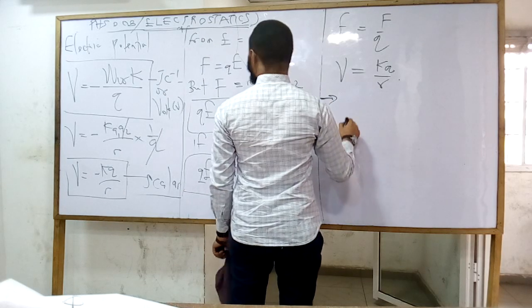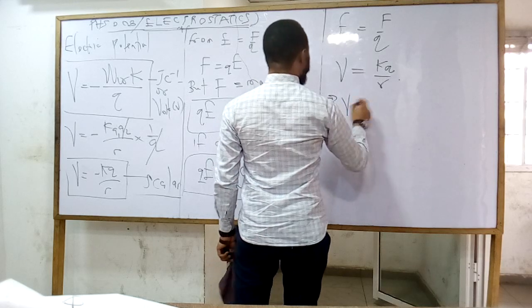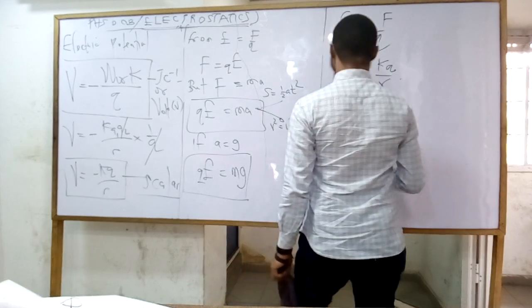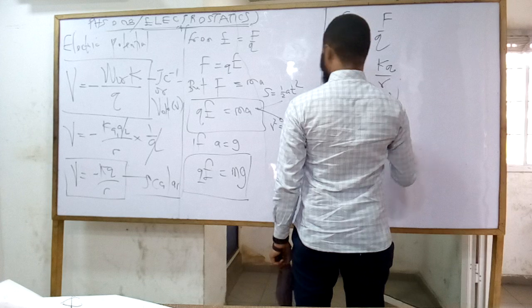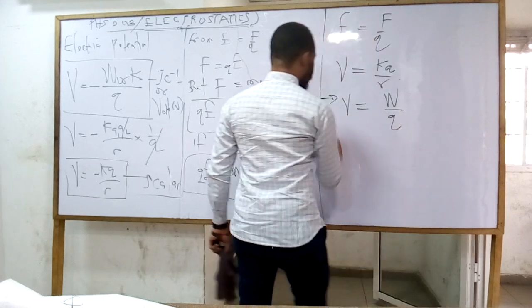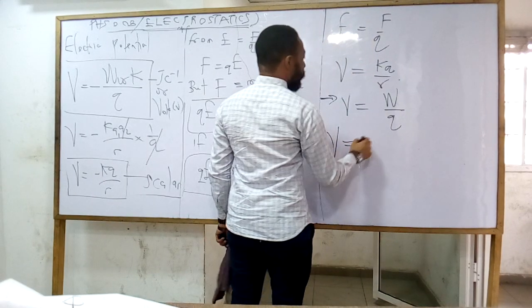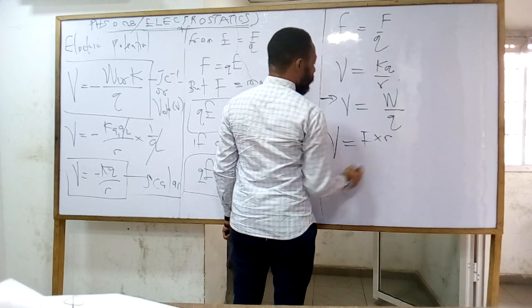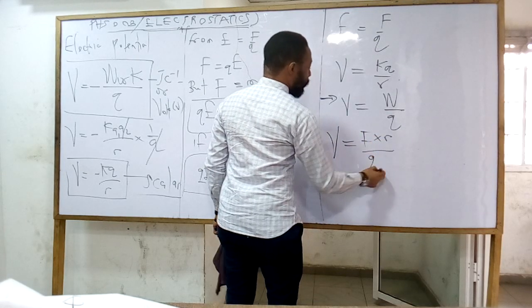From V equals work over Q, I can say my V equals F times R over Q.